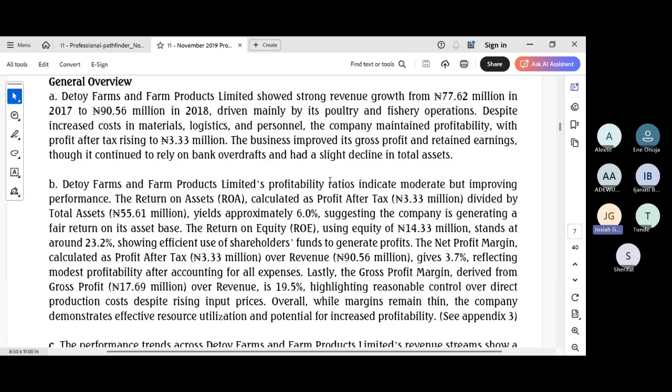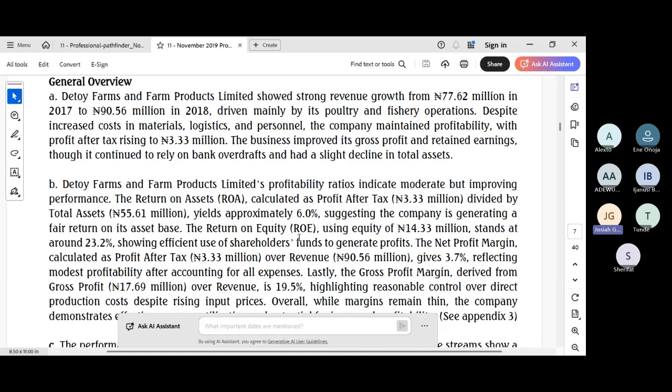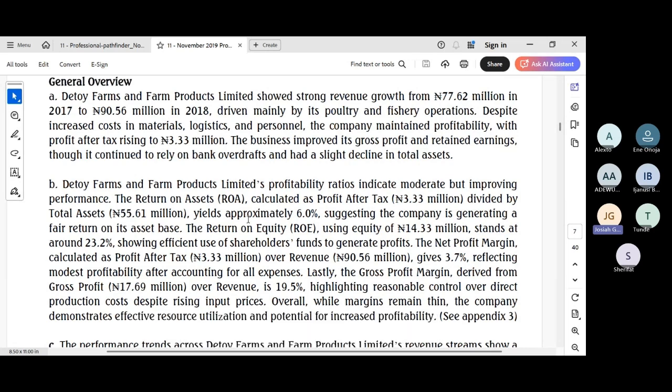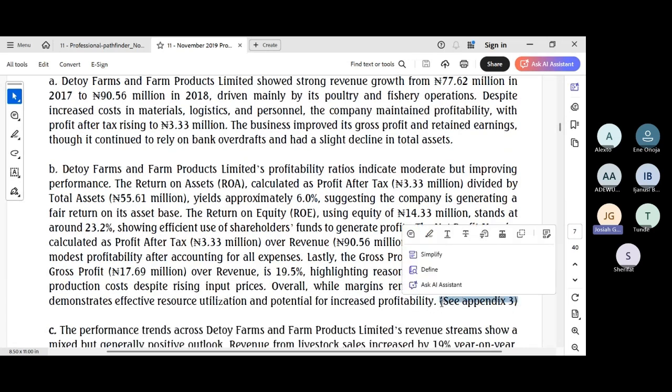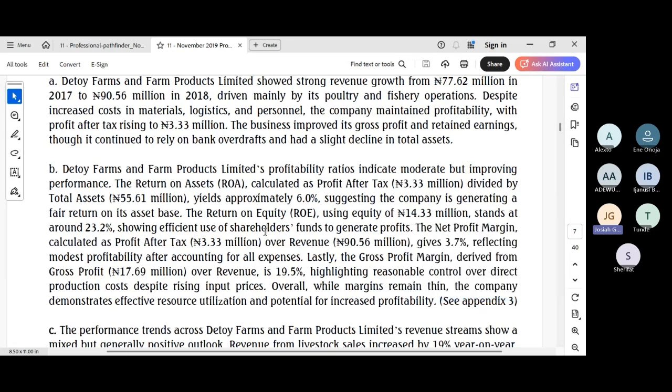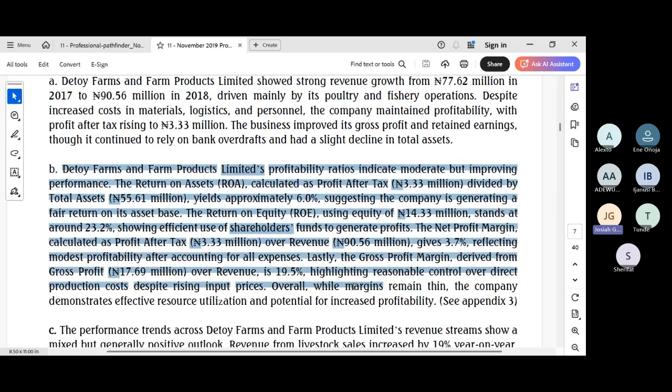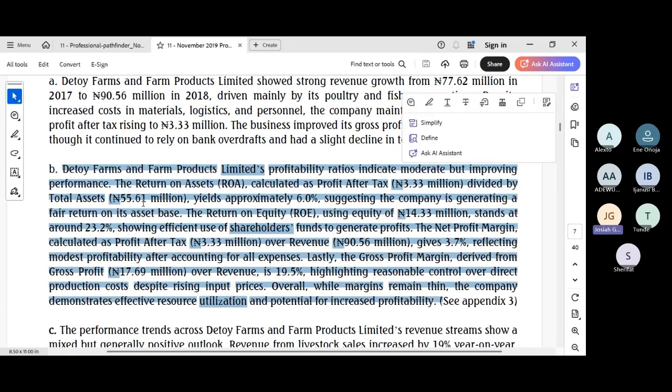So take note of this. So the B part, we spoke about the profitability ratios and generally how the company has done from profit after tax. We spoke about the return. So generally, we just mixed up information. And any information you pick from your appendix, please quote the appendix. Cross-referencing, that's what it means. So we are saying see Appendix 3 based on what we've just said as evidence of the work done. So please read through the lines.